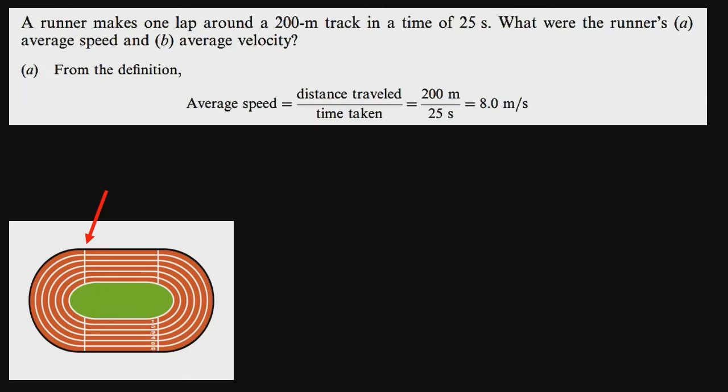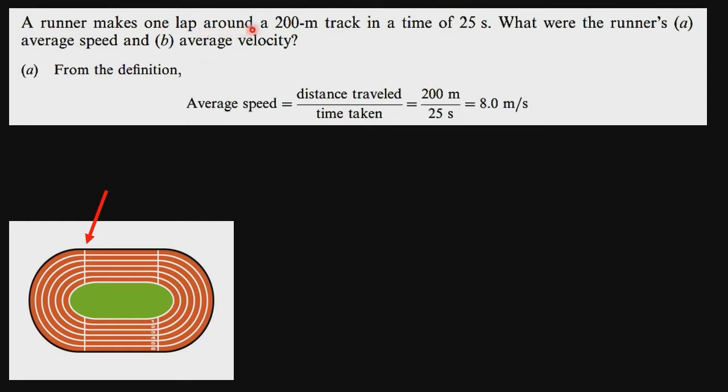So we have a problem here to illustrate my point about scalar quantity, specifically speed. I'm using a book called Schaum's Outline for this problem. A runner makes one lap. When we say one lap, this is just a complete revolution around an oval.